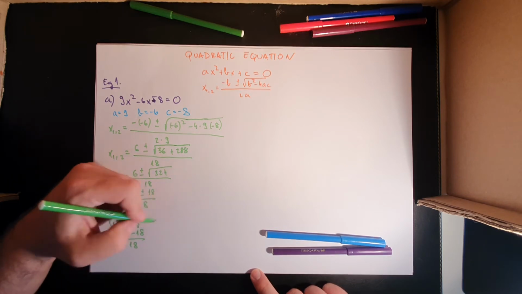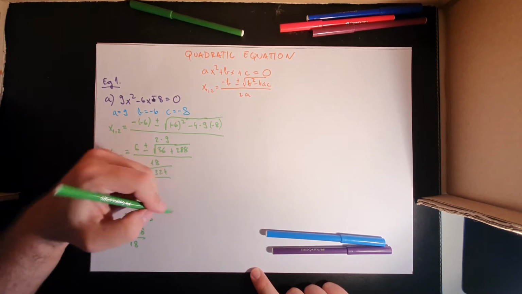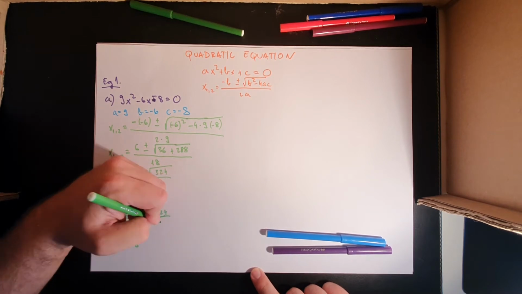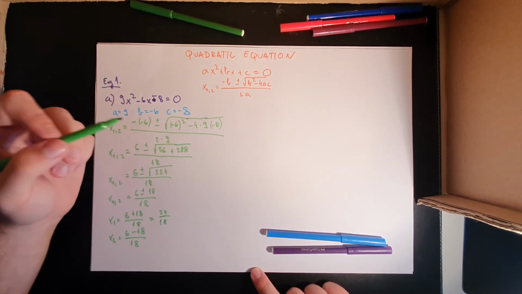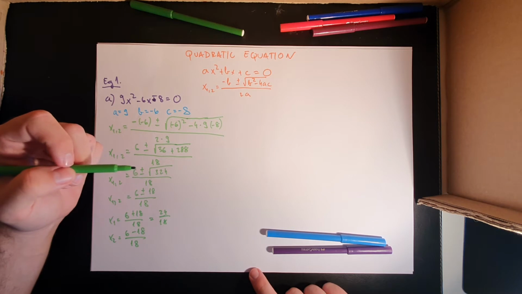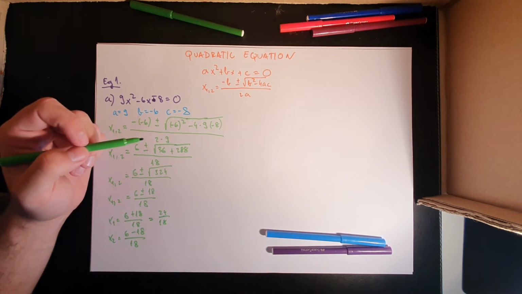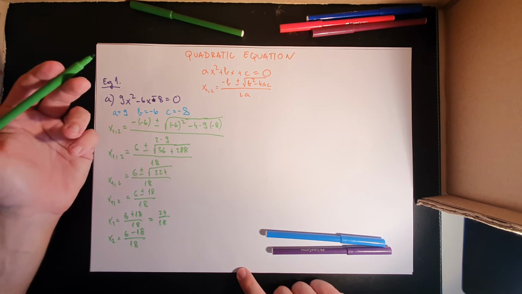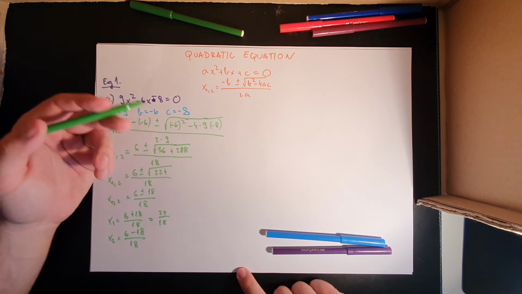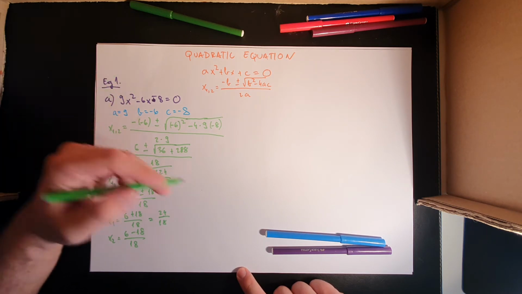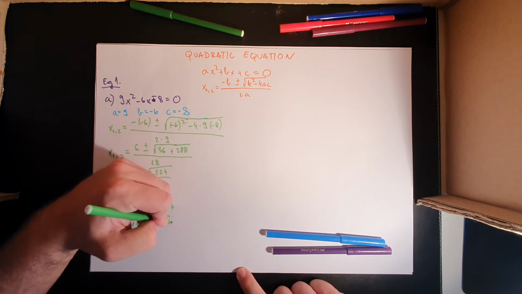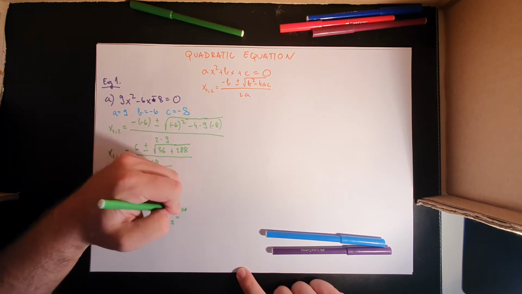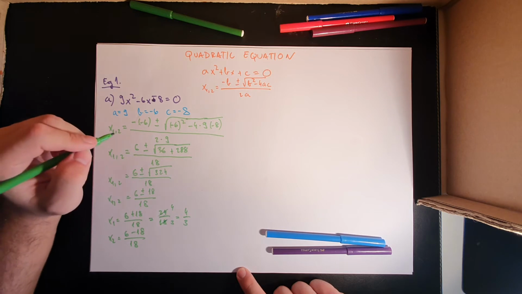So let's go with x1. 6 plus 18 is going to be 24 over 18. Now we can simplify this fraction. 24 and 18 are both divisible by 6. If we divide them both by 6, we're left with 4 over 3.